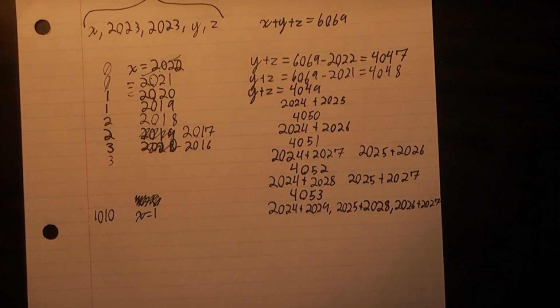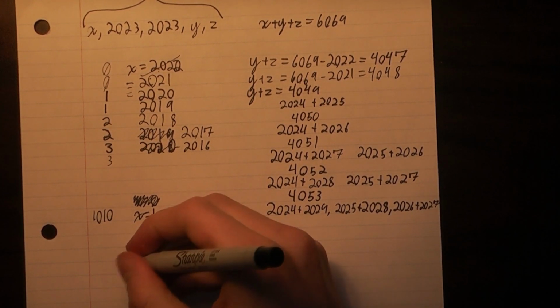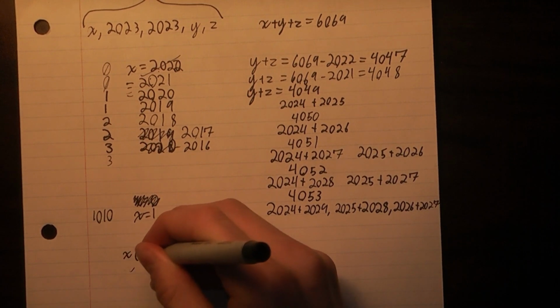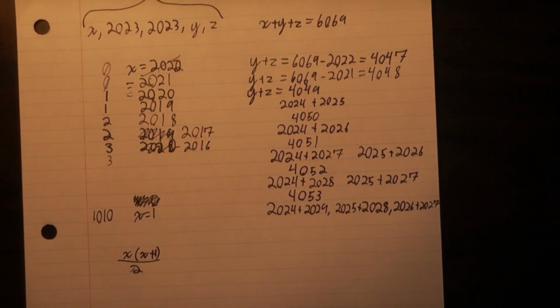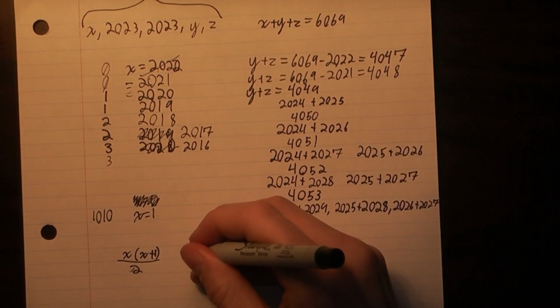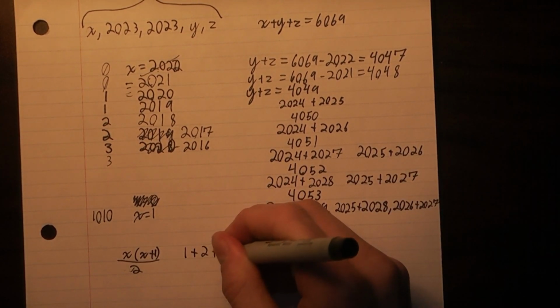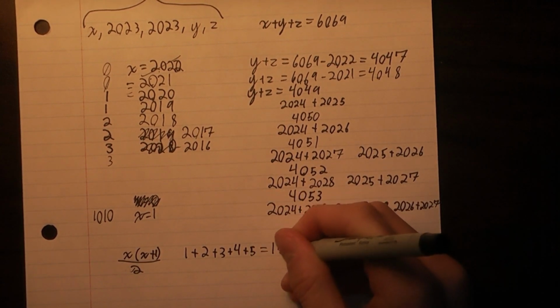So how do we count this? Well, something I learned on this competition is that when you add a bunch of numbers in a row, there's a really cool formula you can do. X times x plus 1 over 2. So you can try this with any list of numbers, but if, say, we do 1 plus 2 plus 3 plus 4 plus 5, most people know that that's 15.